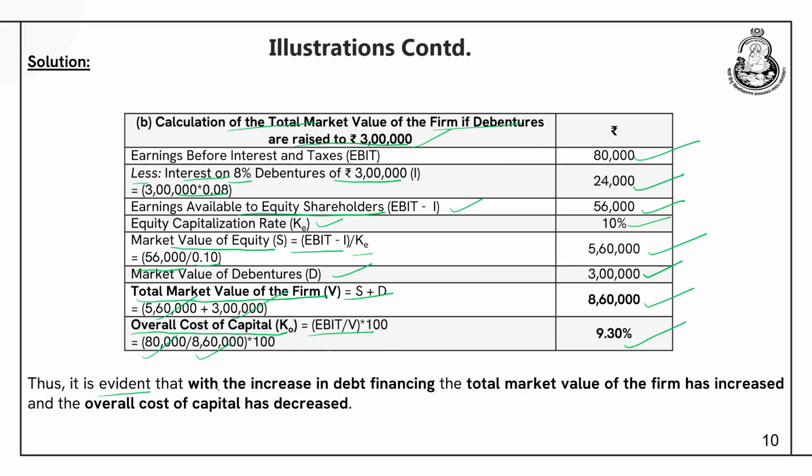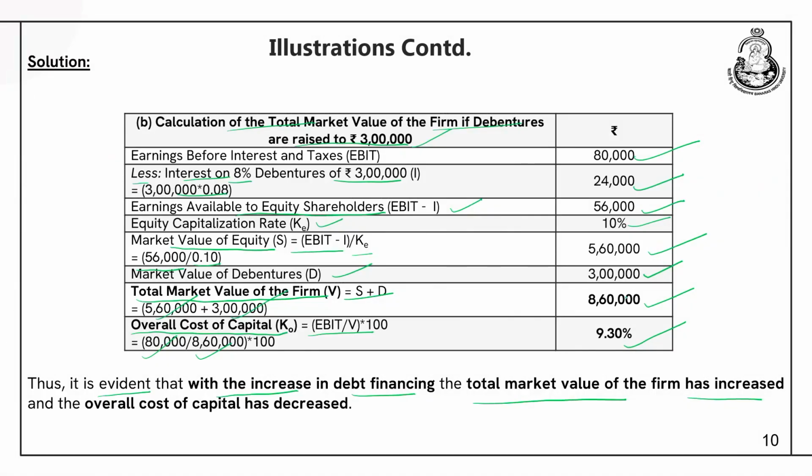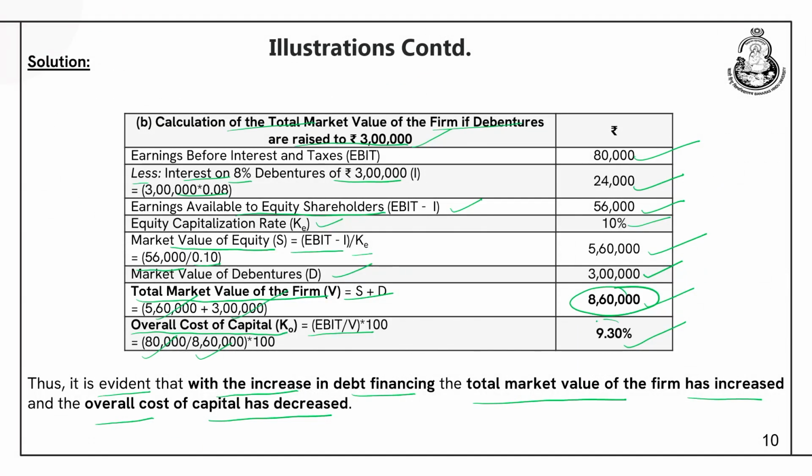It is evident that with the increase in debt financing, the total market value of firm has increased. How much it has increased? From 8,40,000 to 8,60,000, right? And the overall cost of capital has decreased. How much it has decreased? From 9.52% to 9.30%. So, it aligns with the theory? Yes, it aligns with the theory.